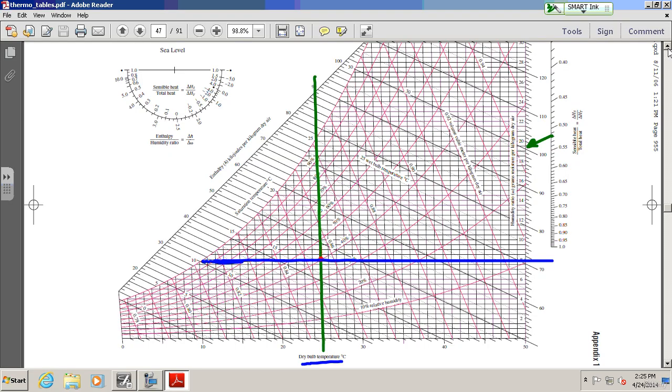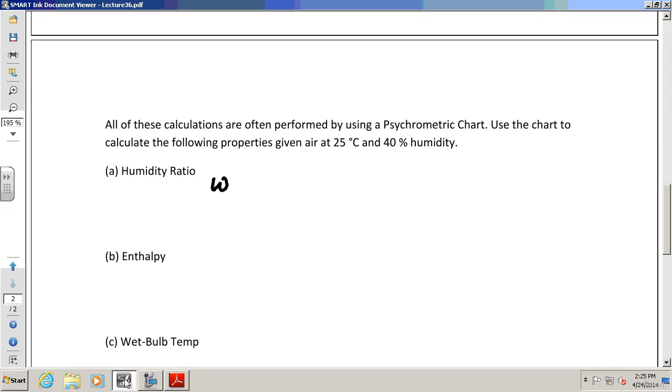So what that's saying is 8 grams of water per 1 kilogram dry air.